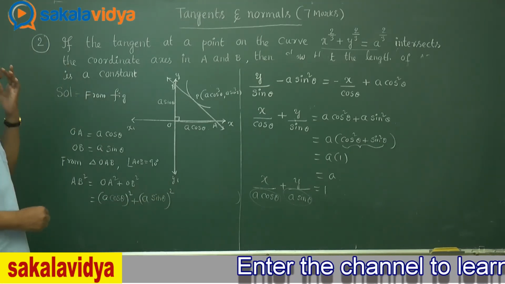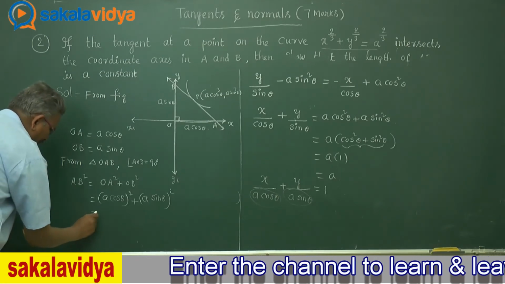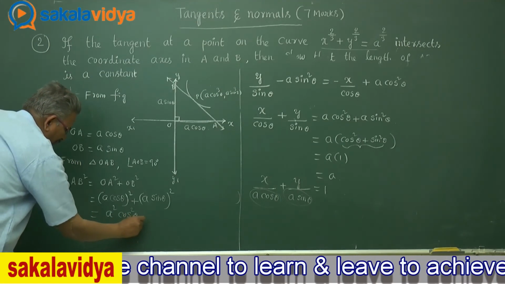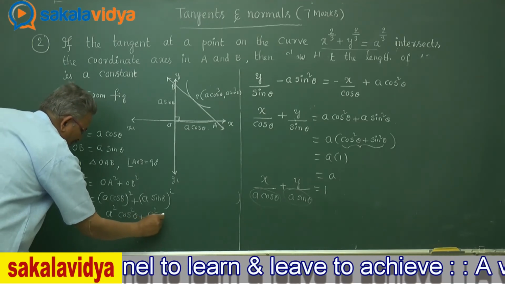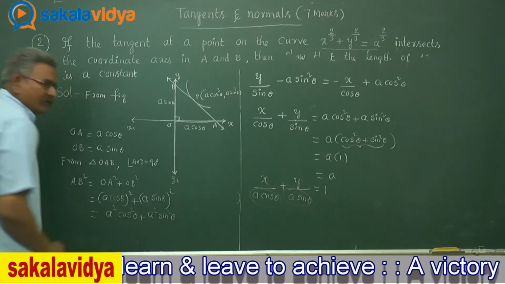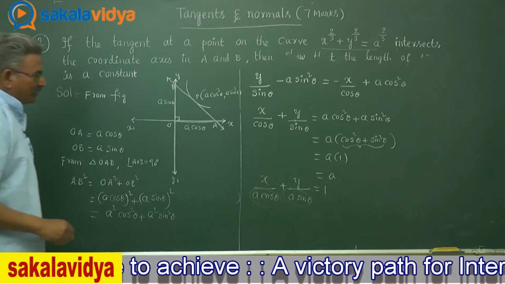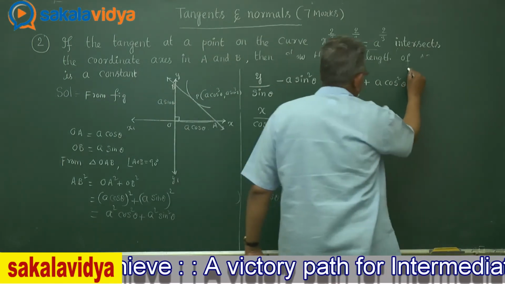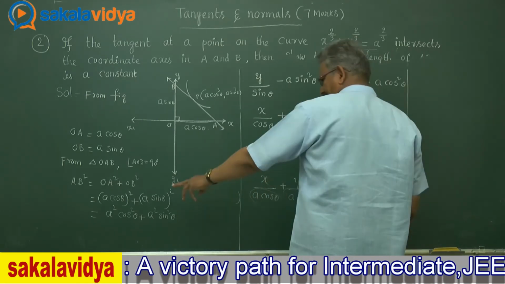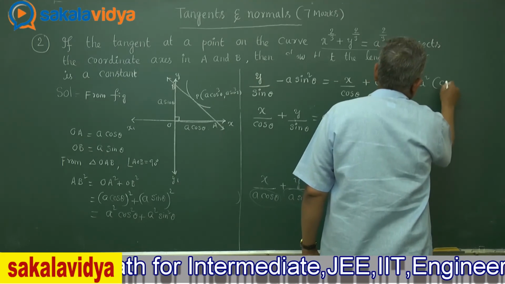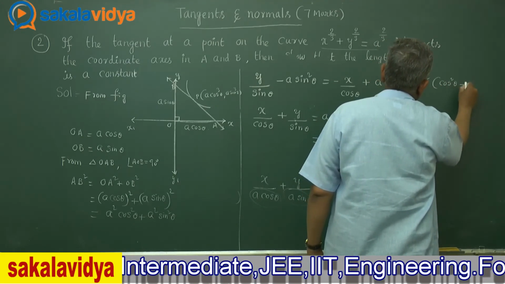Now what do you get? This is a square cos square theta plus a square sin square theta. Now what shall we do? Yes, now we can do like this. Here a square is common, we get cos square theta plus sin square theta.